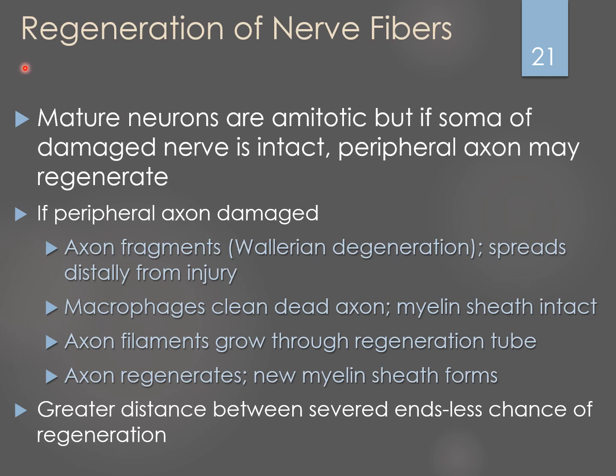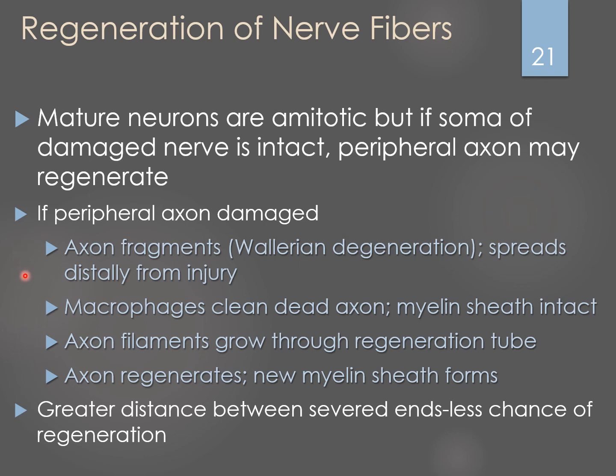I would be remiss if I didn't talk about regeneration of nerve fibers. You know that mature neurons are amitotic. But if we have damage, the peripheral axon might be able to regenerate. So here's what happens. If the peripheral axon is damaged, we've got axon fragments.